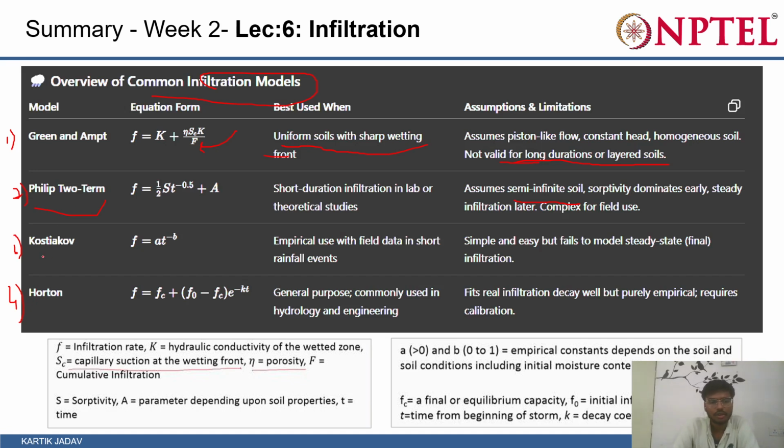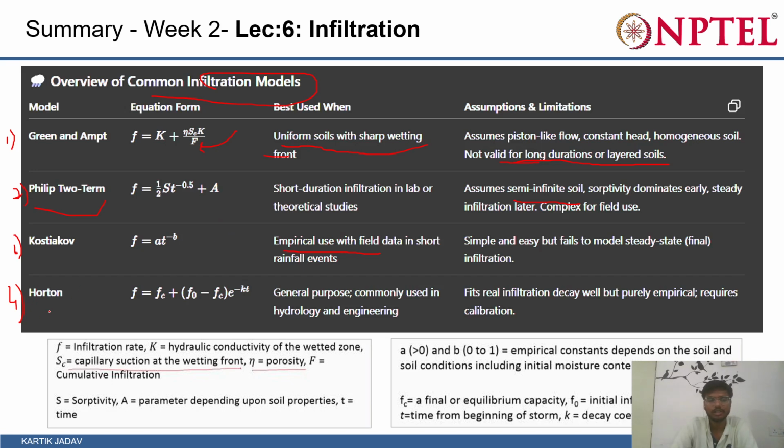Then the Kostiakov equation is empirical, and is used with field data in short rainfall events. Okay, and it is simple and easy to calculate because it has certain constants like A and B. Okay, and we generally decide those based on the soil type and other soil parameters.